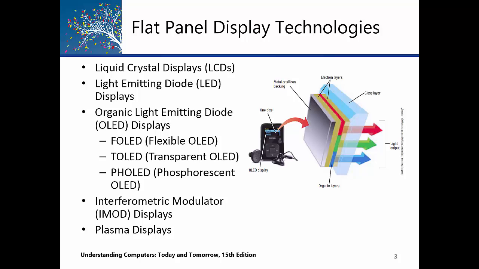At that point, going, hey, I'm spending about $10,000, $20,000 worth of money here, let me get into the details and figure out what LED and OLED and iMod and all these others are. What's going to last the longest for me for this kind of program? What's going to work the best? At that point, dig into those details. But for right now, if you can just recognize that those are different forms of flat panel, I'd be okay with that.